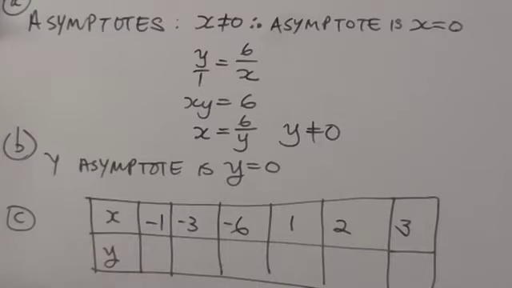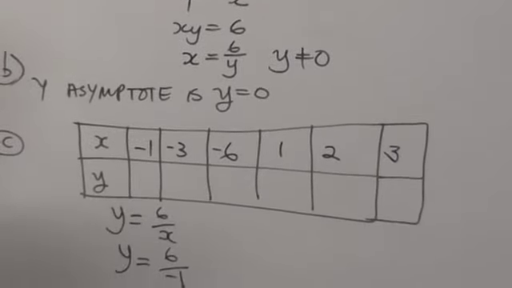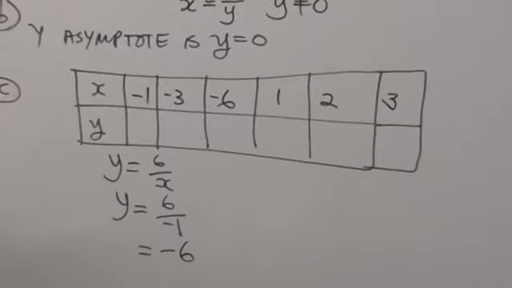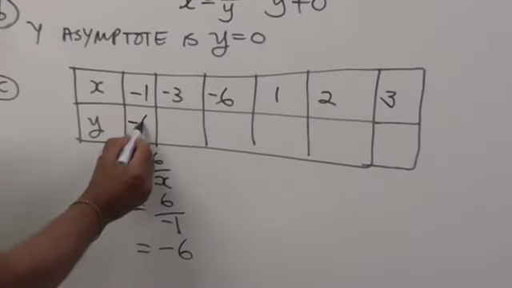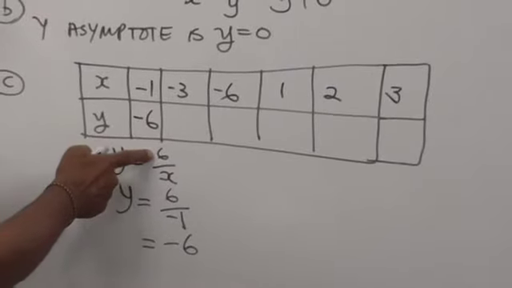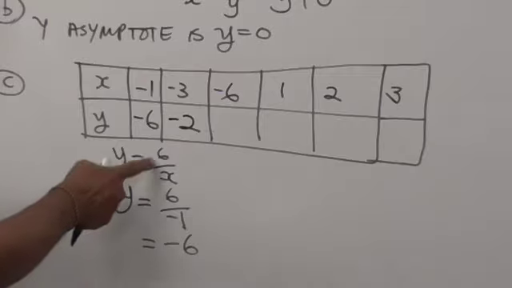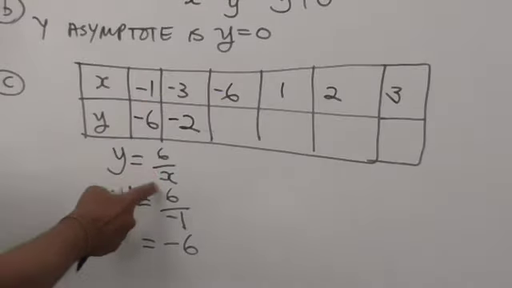So, you've got y is equal to 6 divided by x. I'll just do one example. y is equal to 6 divided by -1, which gives you -6. Next, 6 divided by -3 will give you -2. 6 divided by -6.